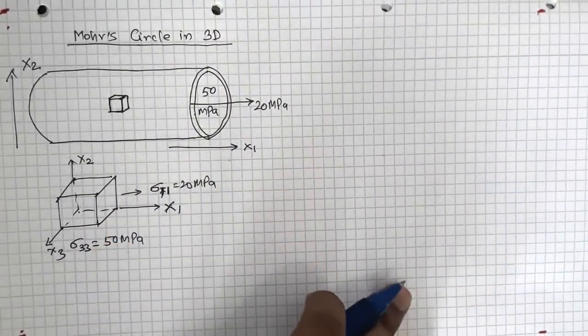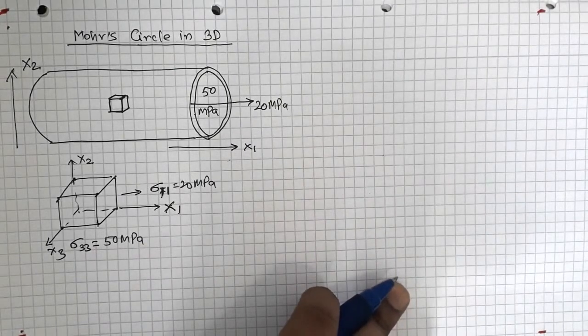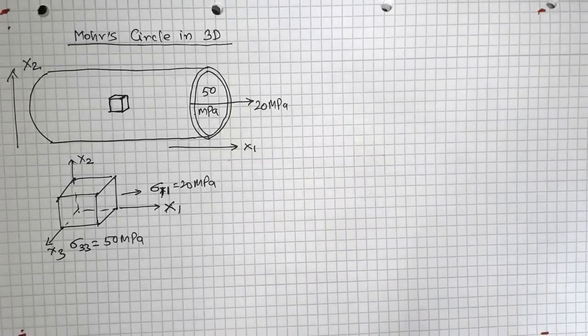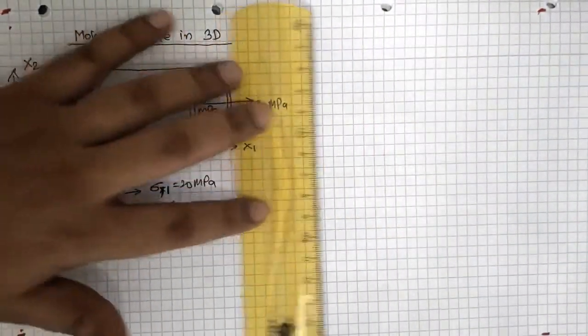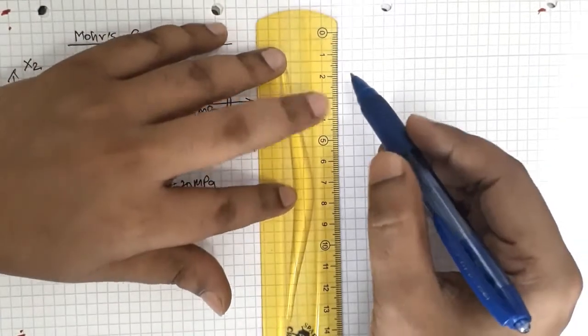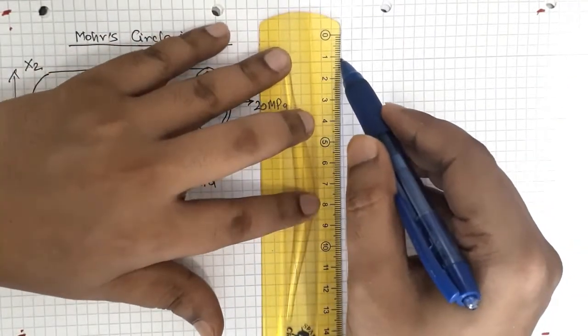Now I want to draw the Mohr circle for this stress condition, okay. So how do I do that? Let me draw the axis again.